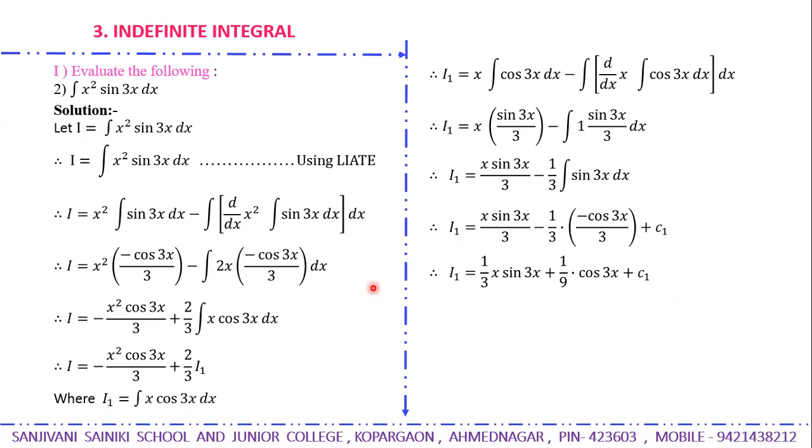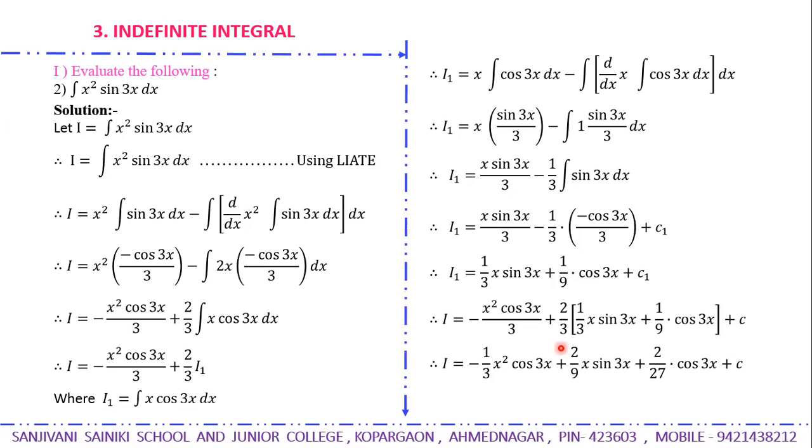Use this I1 in this equation to get the final answer. I is equal to minus x square cos 3x upon 3 plus 2 upon 3 times, in bracket, 1 upon 3 x sine 3x plus 1 upon 9 cos 3x, plus c. Multiply this by 2 by 3, and you will get the required answer.